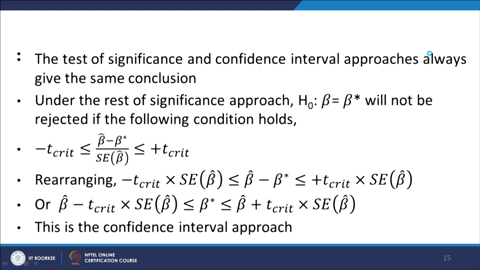The test of significance and confidence interval approaches always give the same conclusion. Under the test of significance approach, H naught, the null hypothesis, beta equals beta star, will not be rejected if the following condition holds. So, we are trying to draw an analogy between the significance approach and the confidence interval approach.